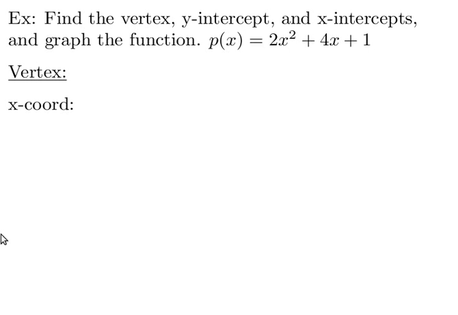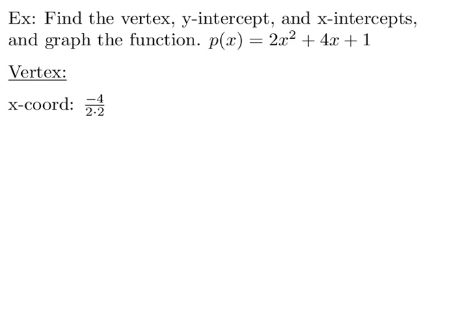The x-coordinate is going to be negative b over 2a, so negative 4 over 2 times 2.